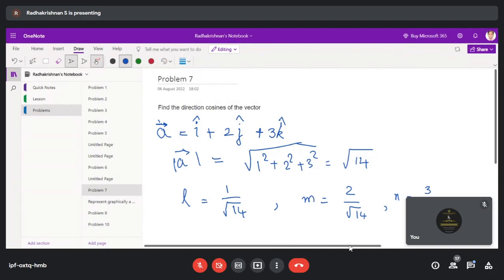Because we computed this denominator by simply taking 1 square plus 2 square plus 3 square, so if you take l square plus m square plus n square, it will become root of 14 divided by root of 14, which is going to be 1. So these are the direction cosines of the given vector.